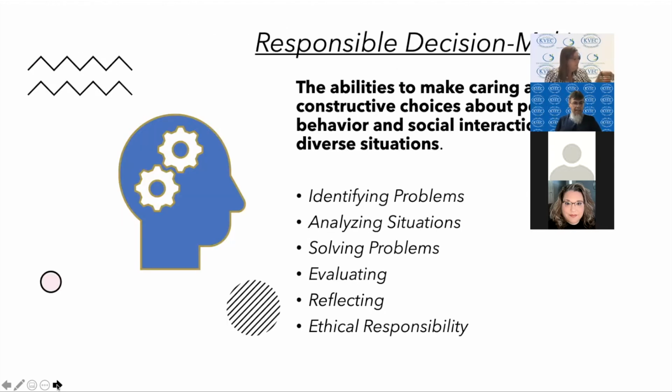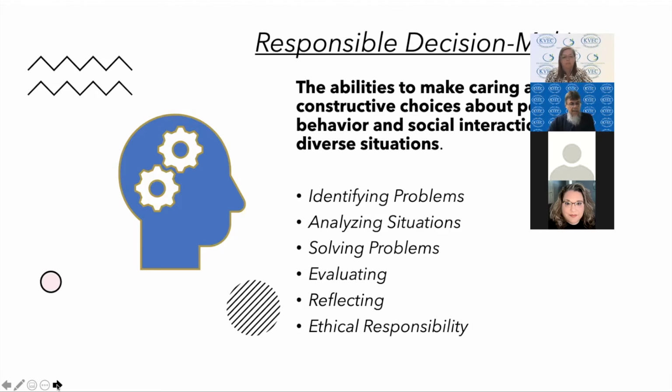So responsible decision making. Competency in this domain requires the ability to consider ethical standards, safety concerns, and make accurate behavioral assessments, to make realistic evaluations of the consequences of various actions, and to take the health and well-being of self and others into consideration.